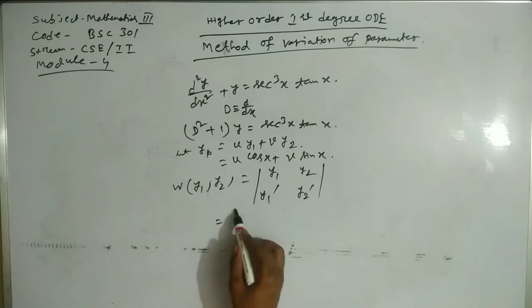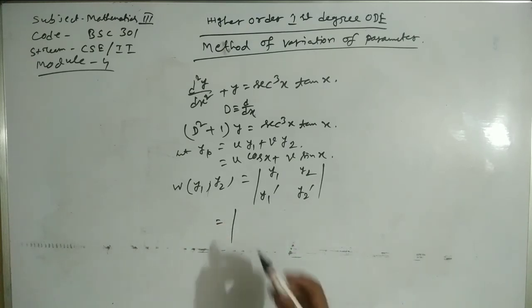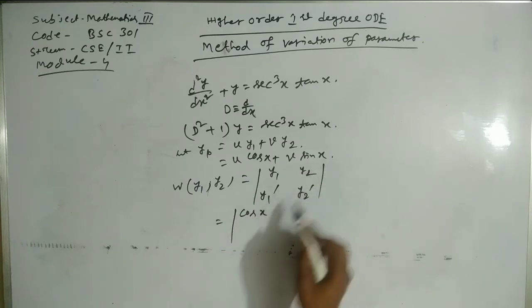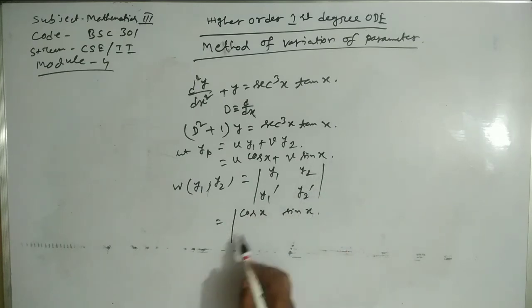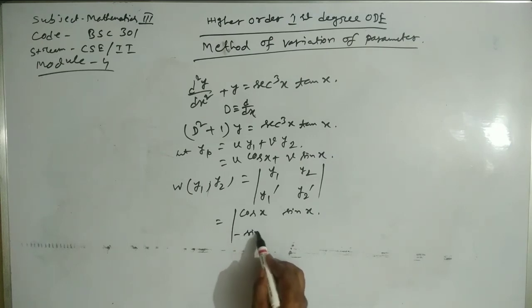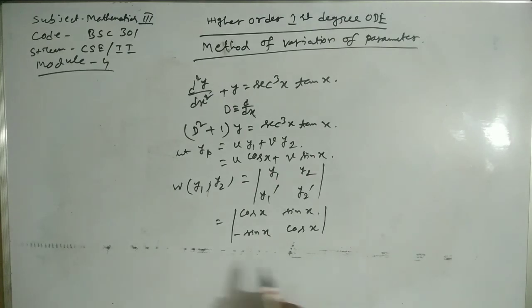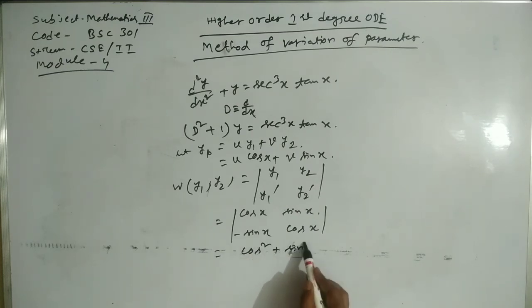Putting the values: y1 is cos x, y2 is sin x, y1 dashed is minus sin x, and y2 dashed is cos x. After solving this determinant, it is cos square x plus sin square x equal to 1, which is not equal to 0. So the value of the Wronskian we got is 1.